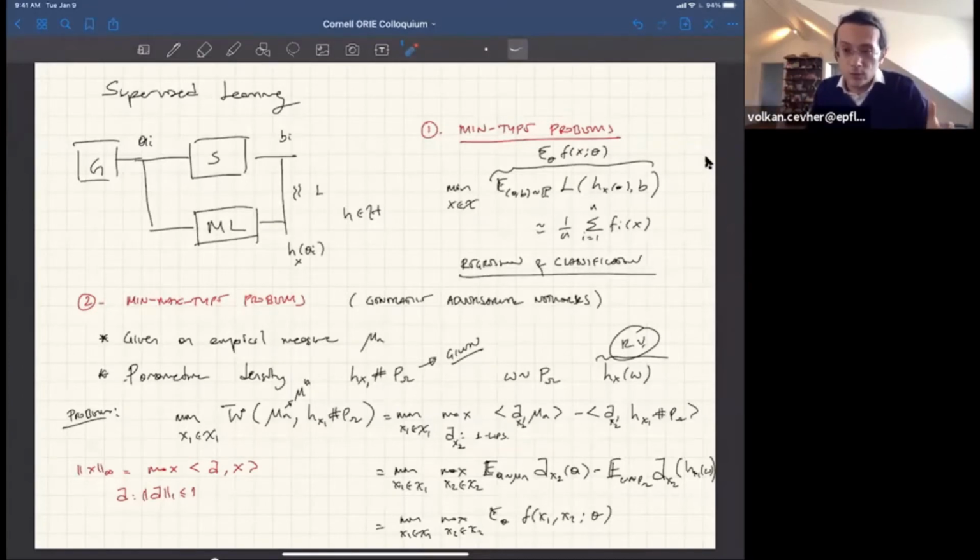We don't know what to do with it, so we parameterize it with another neural network. And then the parameters of the other neural network come in. And the distance in which I am measuring this is the Wasserstein distance, which leads to this particular problem. But the original GAN formulation, GAN being the acronym, is done with the Jensen-Shannon divergence.